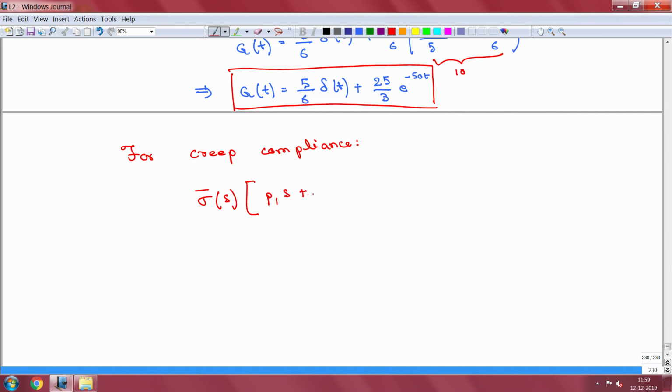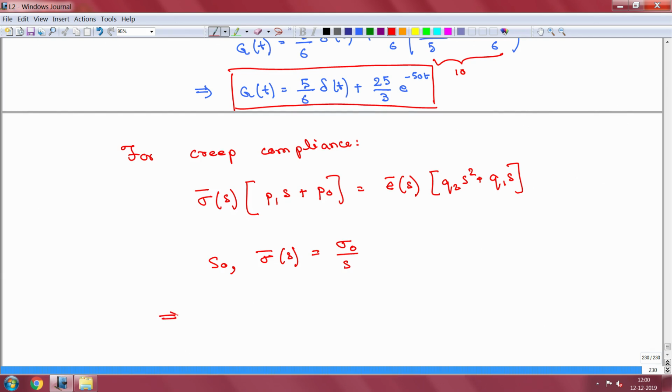So, it is P1 s plus P naught, and on this side you have epsilon bar(s) times Q2 s square plus Q1 s, right. And for creep compliance, now the quantity that is known is the Laplace transform of sigma bar, or the Laplace transform of the stress function. So, the Laplace transform of the stress function is simply sigma naught by s, right.